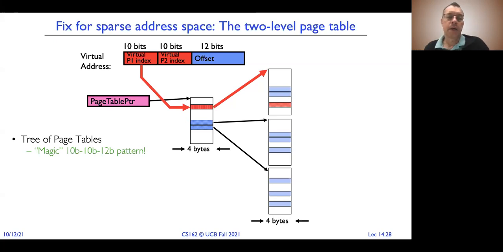The first 10 bits in this case represent the virtual P1 index, so the index in the first level page table. This is going to contain an address to a page containing the page table entries at the second level.